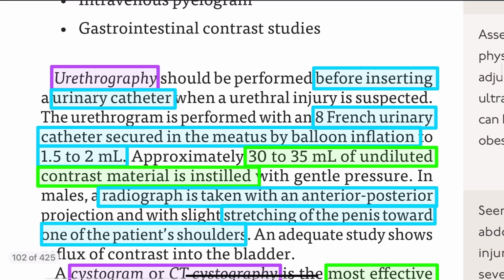Urethrography: when you are suspecting urethral injury, before inserting a urinary catheter you should do urethrography. How will you do it? Insert an 8 French urinary catheter, with balloon inflation of only 2 ml, and through this catheter instill 30 to 35 ml of undiluted contrast material.